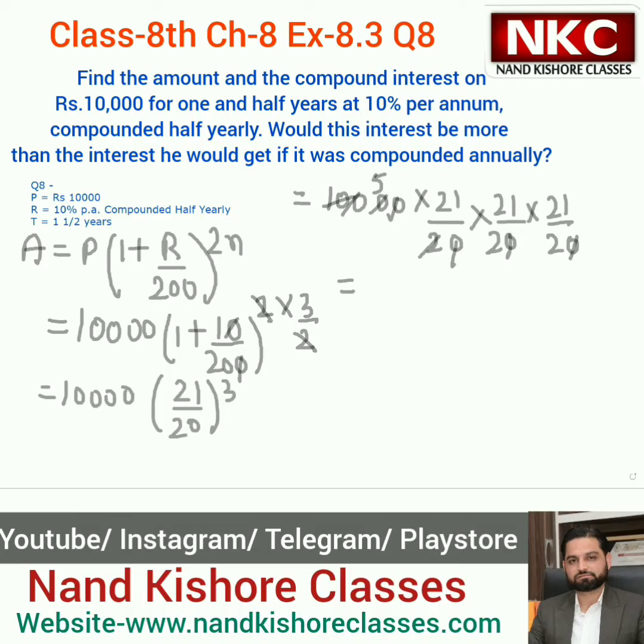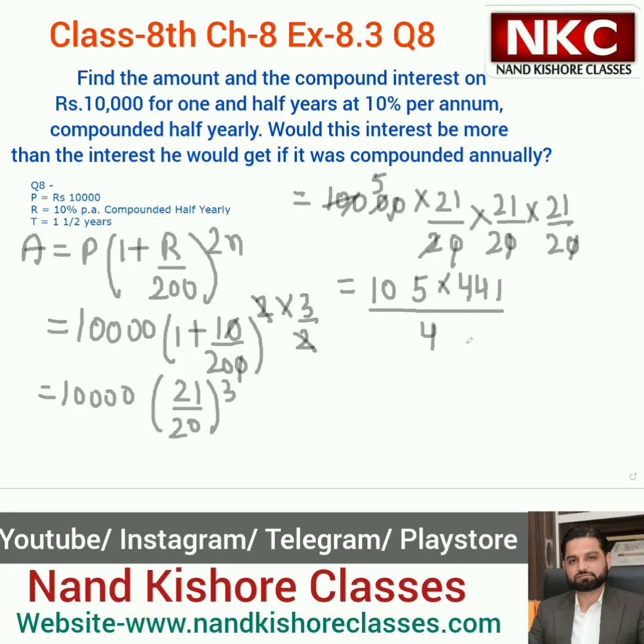Let us multiply first these two. It is 105, multiplying the first two terms. And 21 multiplied by 21 is 441. The denominator 2 multiplied by 2 is 4. Right? So further we need to continue the calculation. Just multiply 441 by 105.